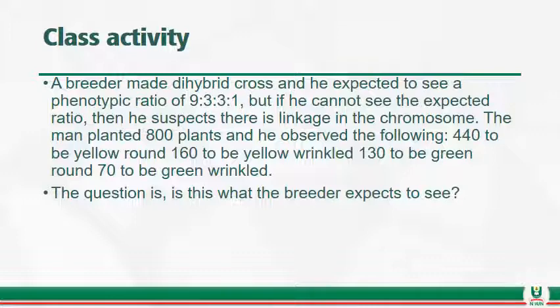So the question now is, what did the breeder expect to see? In the next class, we will work it out, and I will show you what to do, and I expect you to work it out on your own, so that you'll be able to understand better.